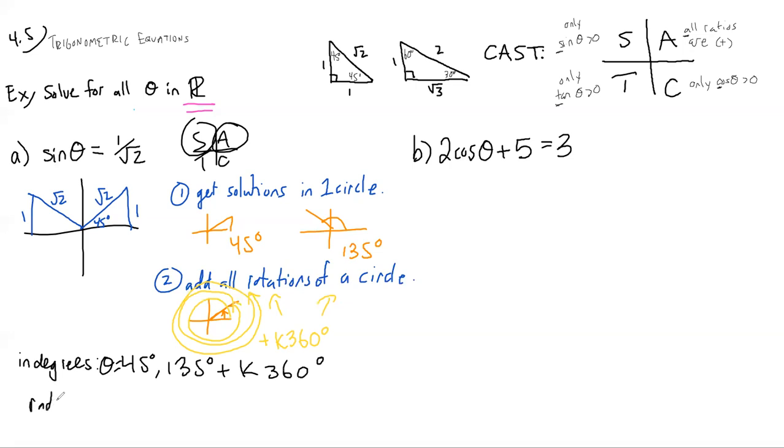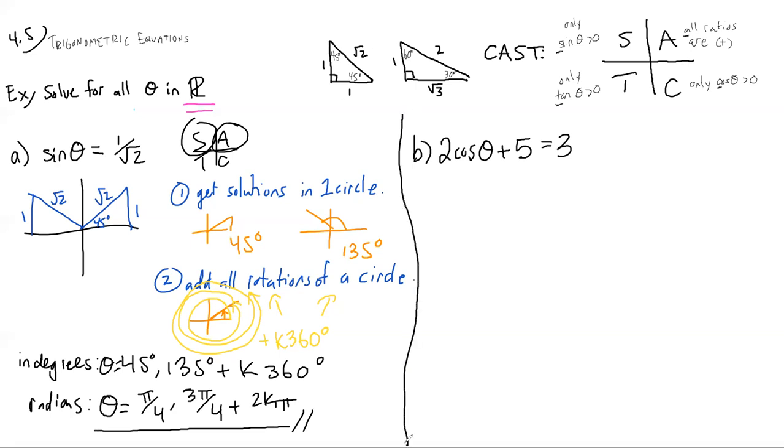In radians, which is probably what you will be asked, you'll have theta, so that would be pi over 4, we just convert all the degrees to radians, 3 pi over 4, and then plus 2k pi. 360 times k is 2 pi times k, and that would give you your complete set of answers. So really the only difference from what we did before is to add the rotations, add the plus 2k pi at the end.